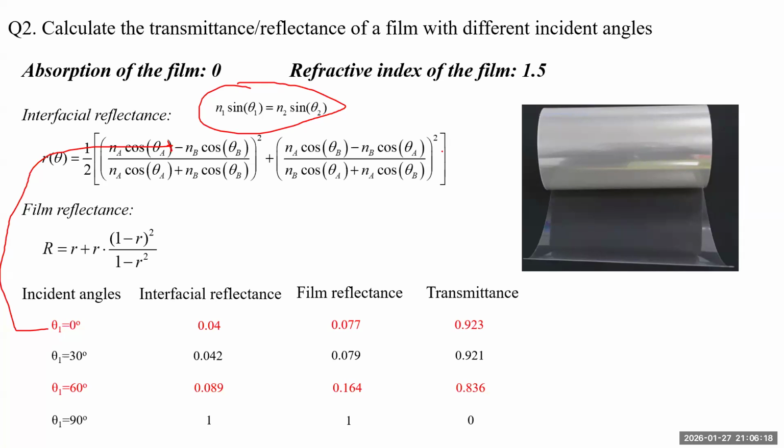Okay, so for example, this is the film. If the light comes like this, this is the incident angle.